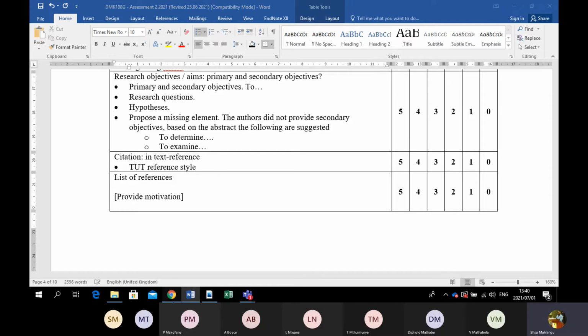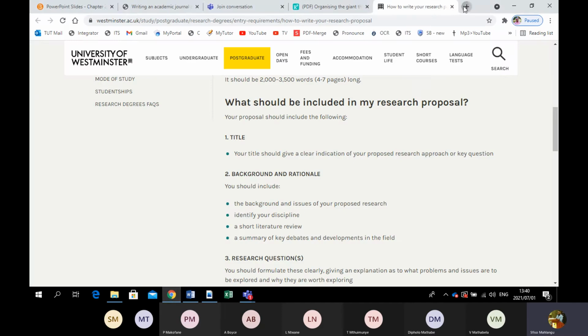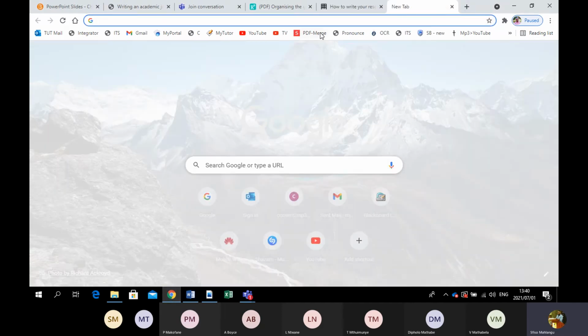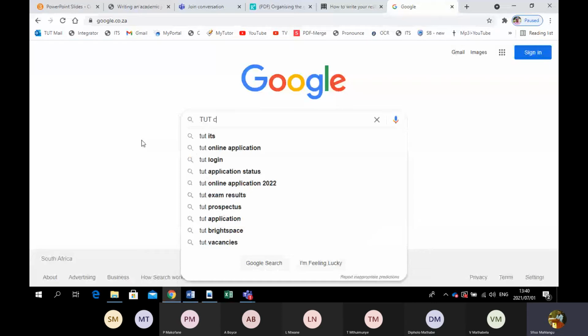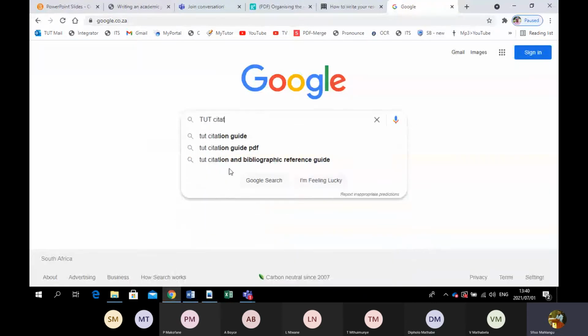So for example, you can even search it on Google, it should be easier for you to find it. TUT citation guide.